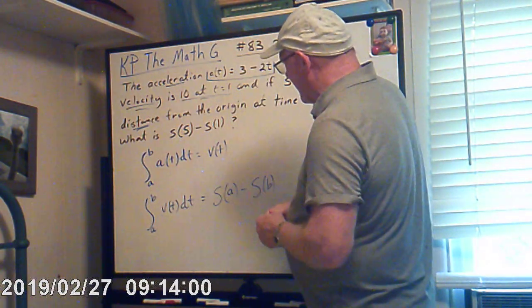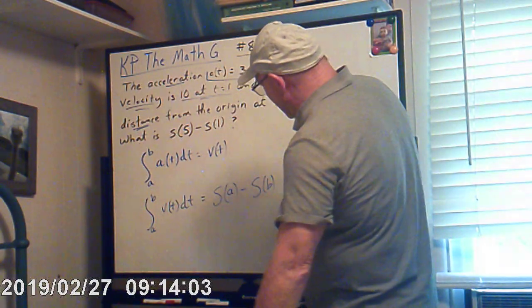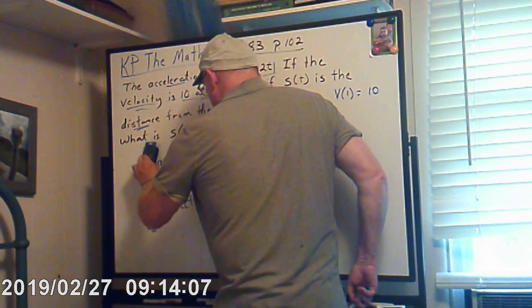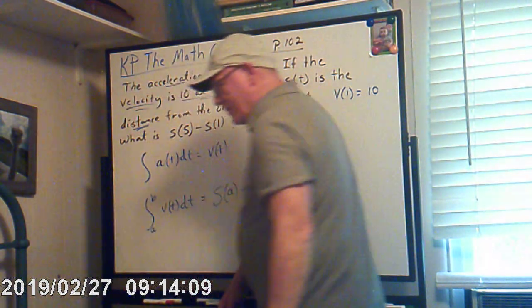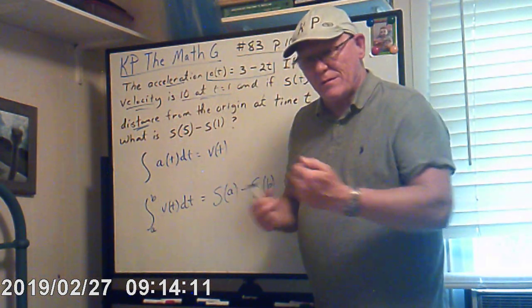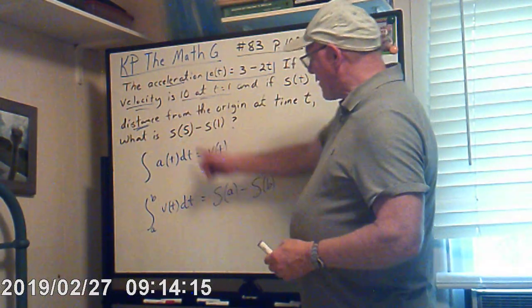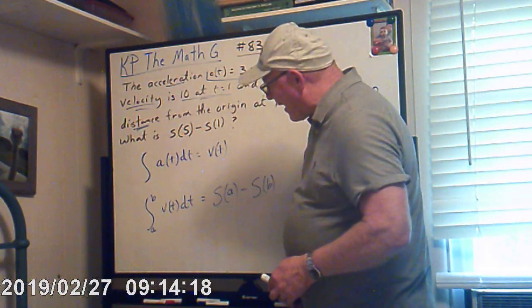Let's take a look at what we're doing here. On the first one, we don't have a definite integral because we don't know what we're going from and to. On the second one, we are going from 1 to 5.